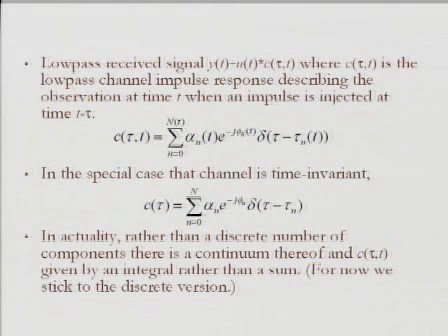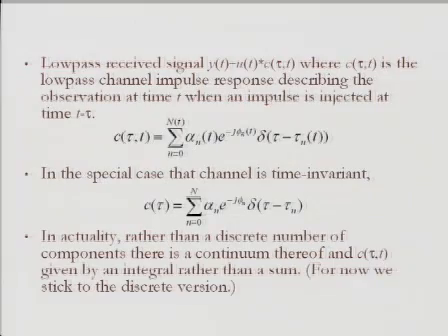So C of tau, t characterizes the observation at the output at time t when an impulse was injected at the input at time t minus tau. That's the definition of an impulse response for a time varying system. We're going to call it C. And so the output is the input convolved with the impulse response.